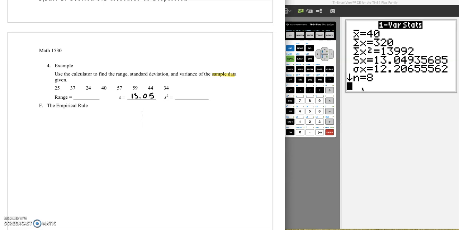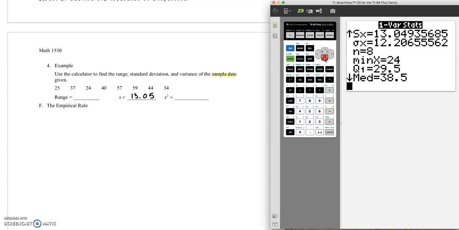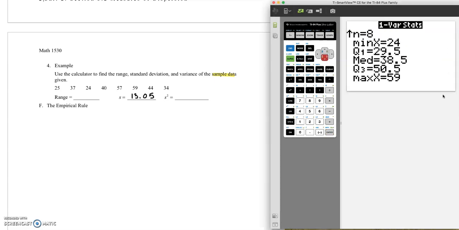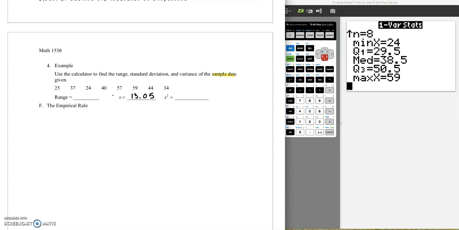Now, if we scroll down, remember this little arrow right here next to the n means we can arrow down for more information. So you see we have a min x, which is 24. So I'm just going to write this over here on the side. Min x is 24.